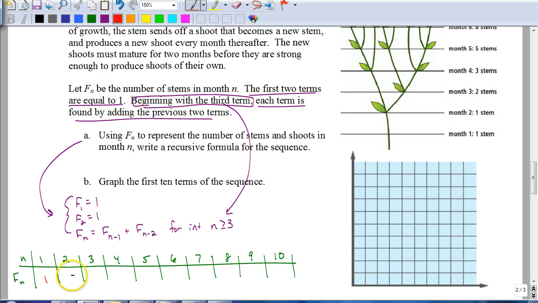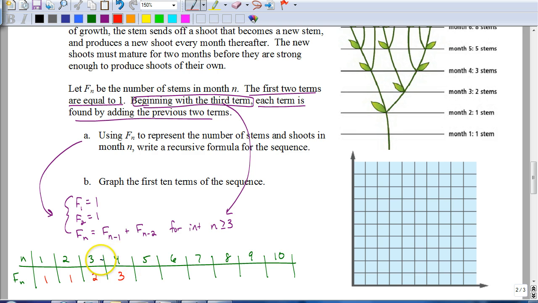The first term is going to be 1, and the second term is going to be 1. So this is telling me that to find the next term in the sequence, you add the 2 previous terms together. So 1 plus 1 would be 2. So to find the fourth term, I would add the 2 previous ones, just the 2 previous ones. 1 plus 2 is 3.